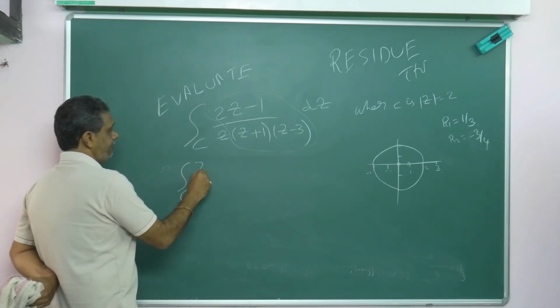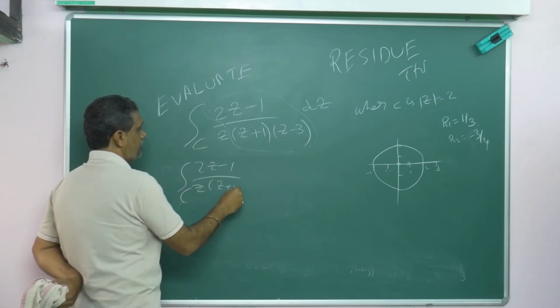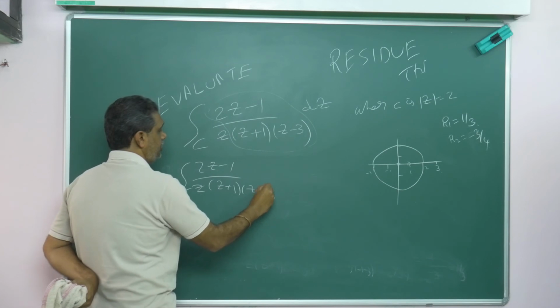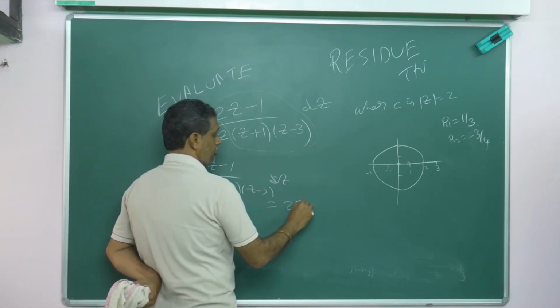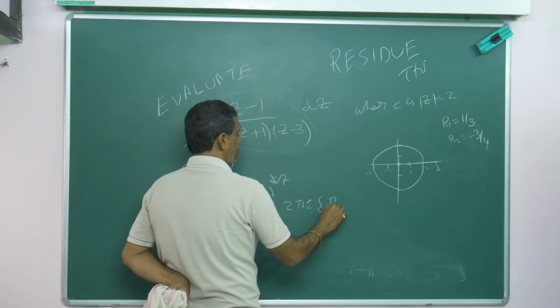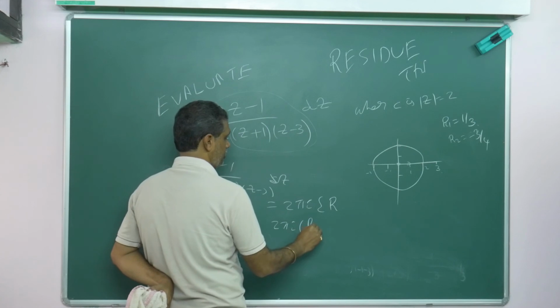By Cauchy's residue theorem, the integral over c of (2z minus 1) by z into (z plus 1) into (z minus 3) dz is equal to 2 pi i into sigma r, the summation of residues. Here how many residues did I get?